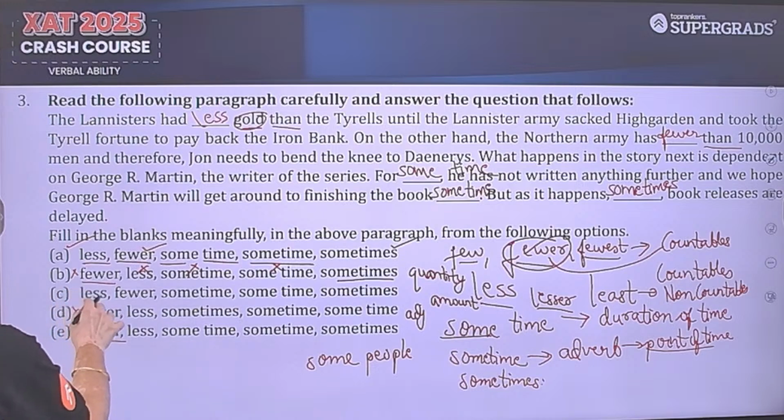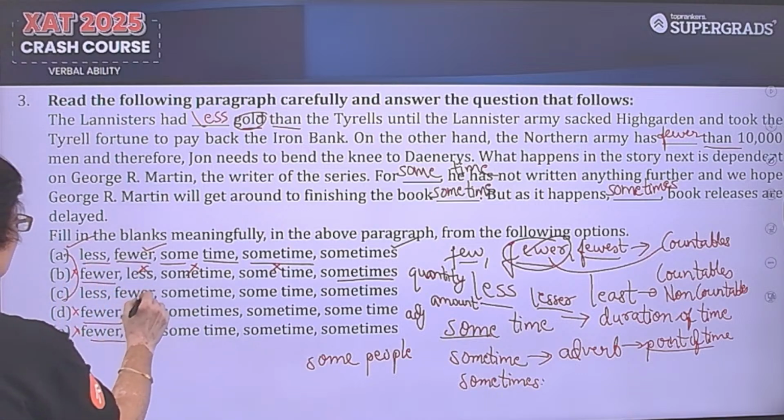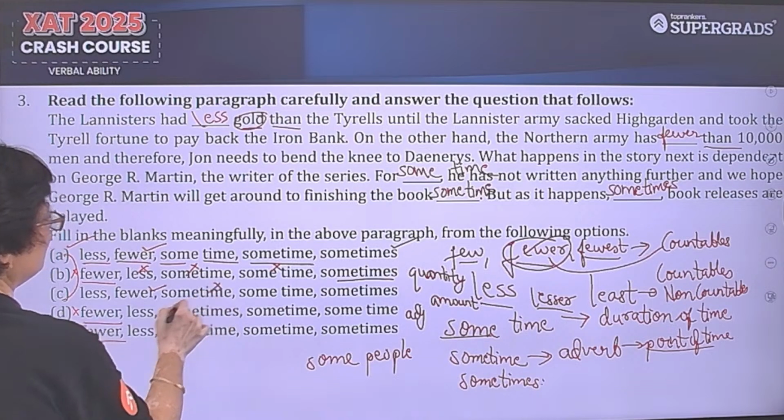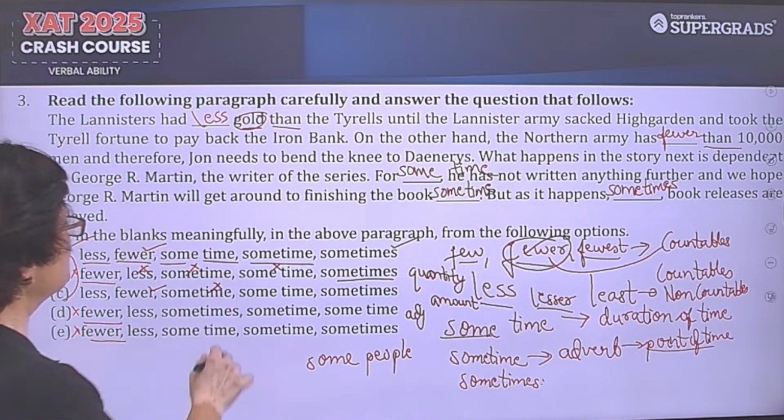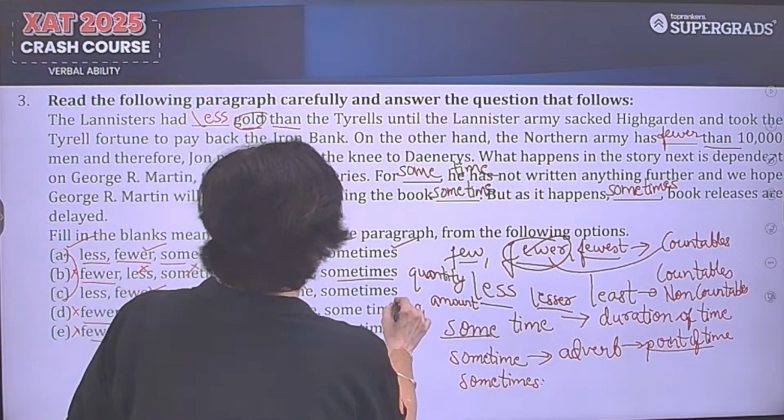Similarly, if you look at C, because you find that actually there was a contention between A and C. है ना? We had eliminated B, D, and E. So between A and C, what happens? You find less here, you find fewer here, but here it goes wrong. Sometime will not come here. Similarly, sometime will be wrong here, but sometimes is correct.